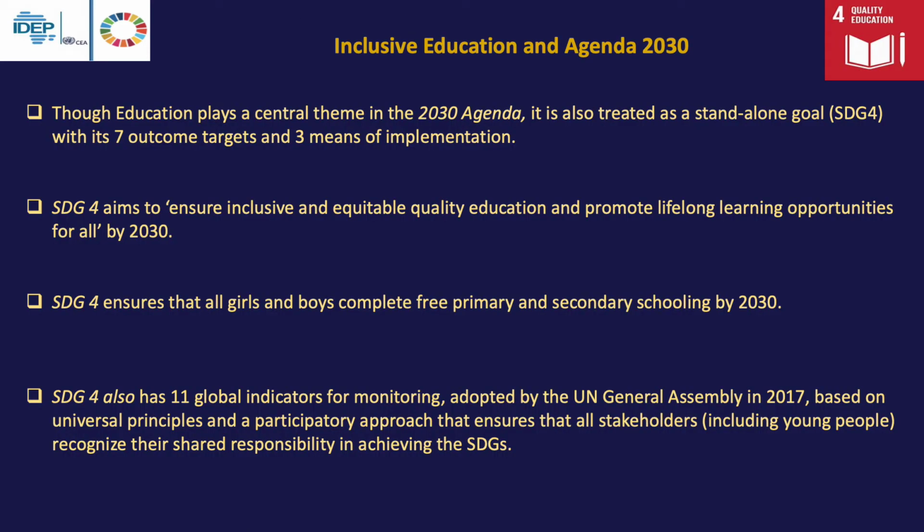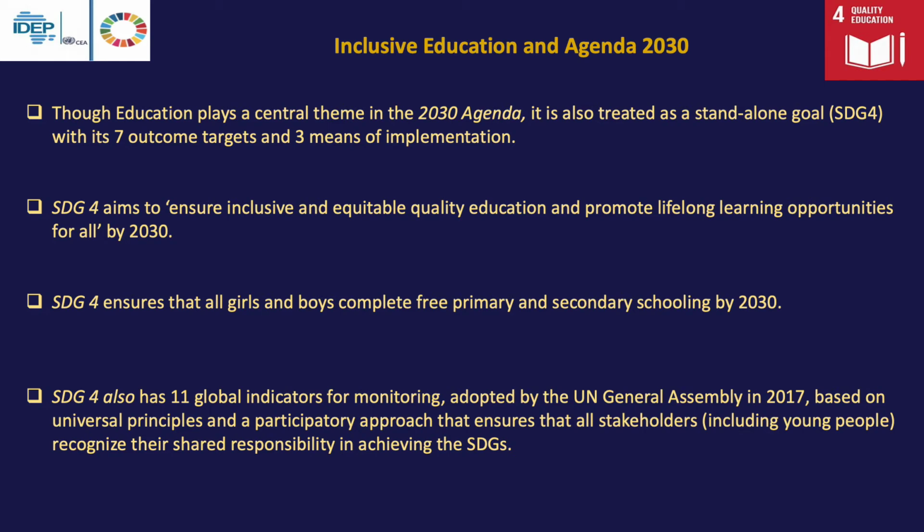When we look at inclusive education within the context of Agenda 2030, we need to understand that even though education plays a central theme in the 2030 agenda, it is also treated as a standalone goal with its seven outcome targets and three means of implementation.